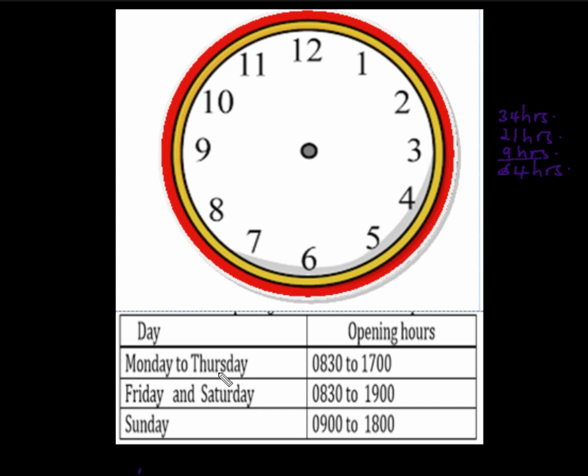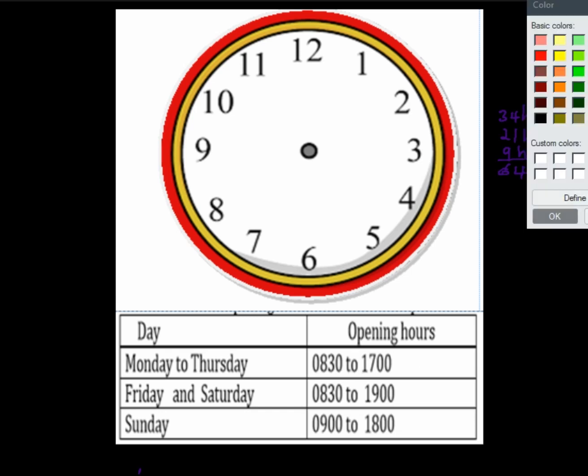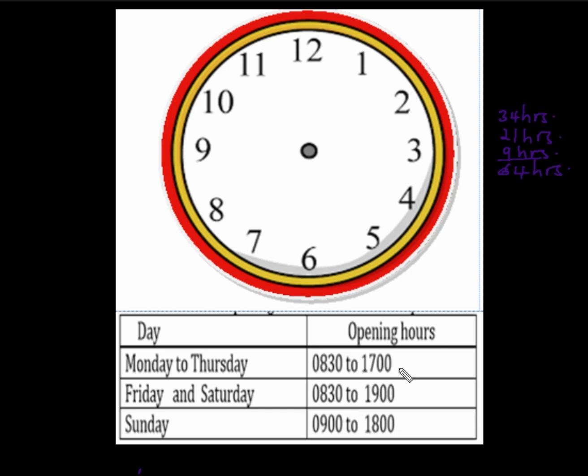From Monday to Thursday, the coffee shop is open starting from 8:30 up to 17 hours. Therefore, we want to convert 8:30 to 12-hour clock and 17 hours to 12-hour clock. So 8:30 in 12-hour clock, it will remain what? 8:30.